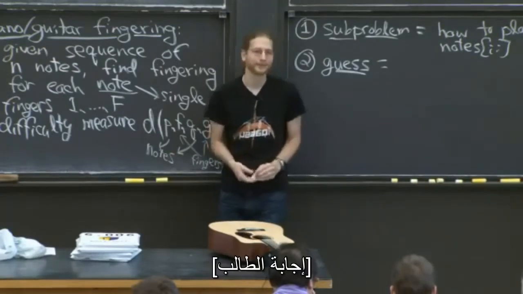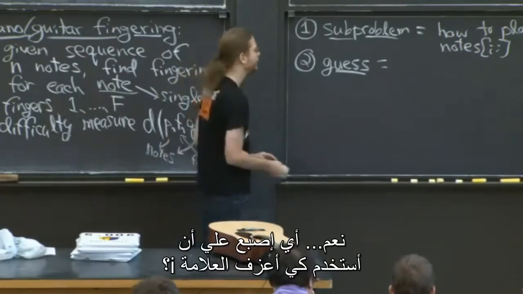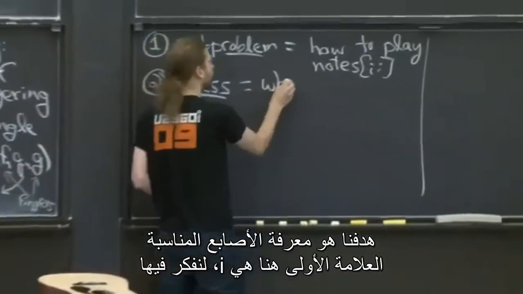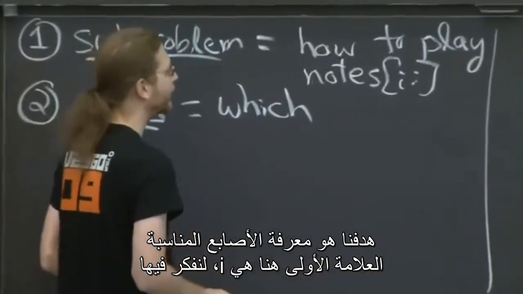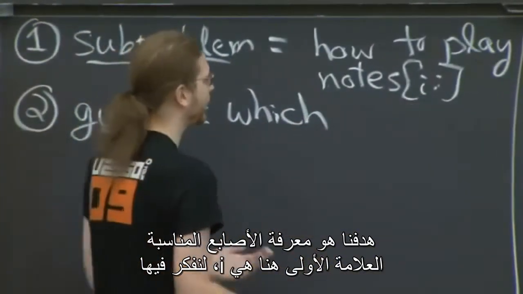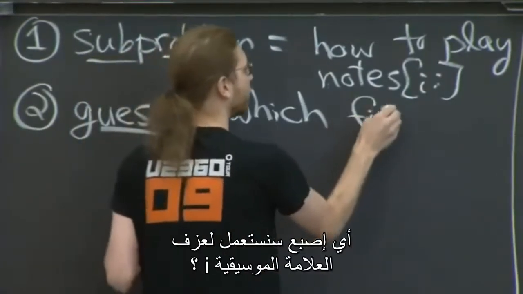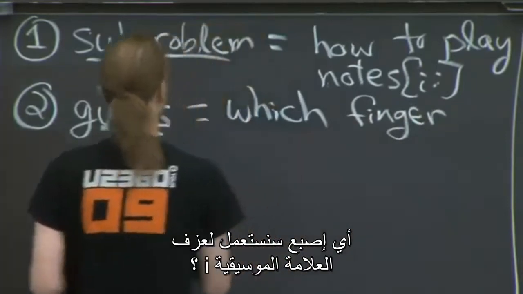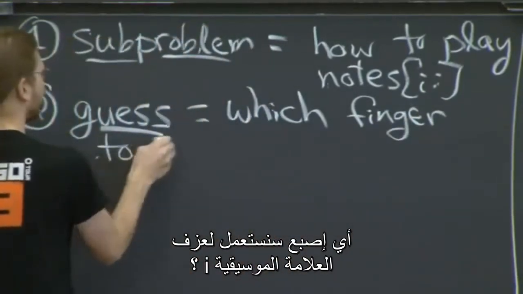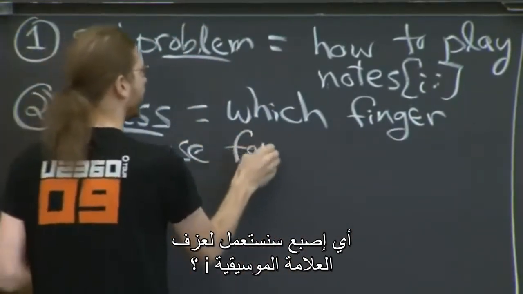Maybe which finger to use for note i? Yeah, which finger to use for note i? Our whole point is to assign fingering. The first note here is i, so let's think about i. What could you do for i? Well, try all the possibilities. Which finger to use for note i?